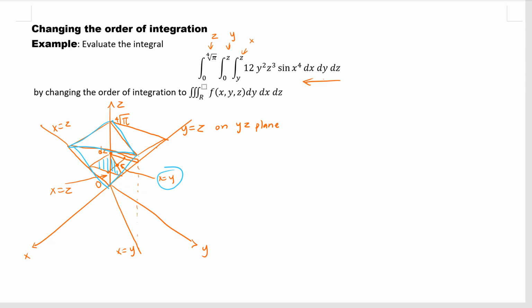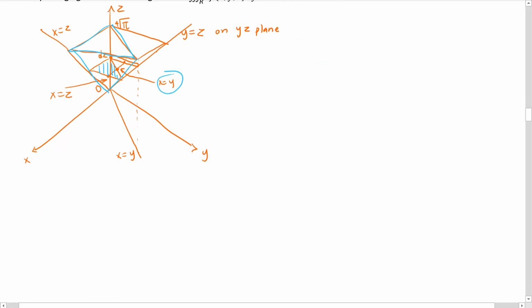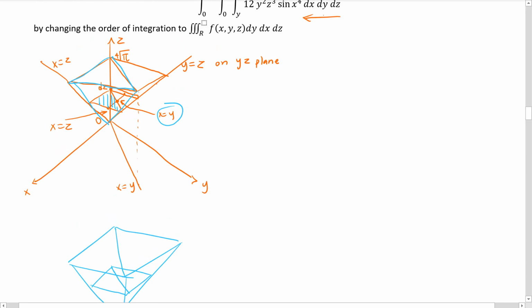This is our solid. So far so good, everybody? Now we change the order. Let me draw a simple picture here and see how we change it. All right, so now we change the order.